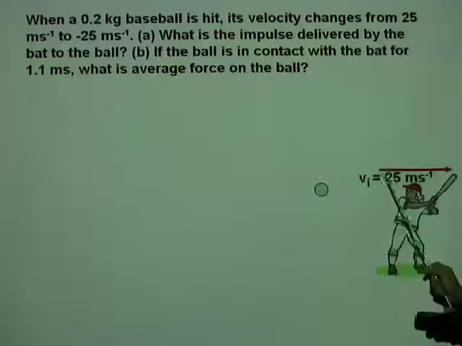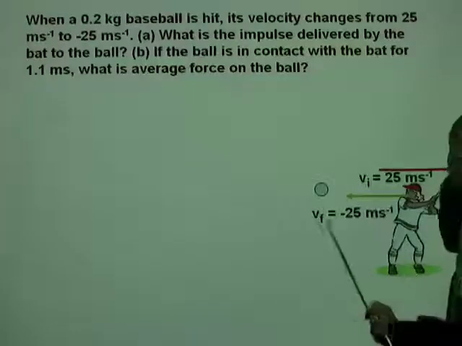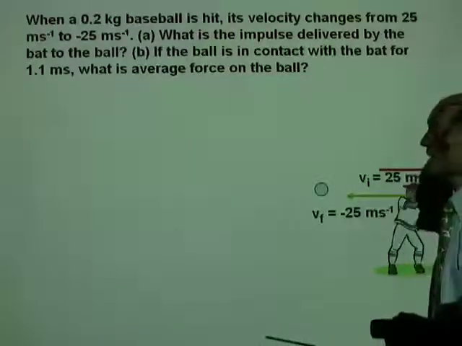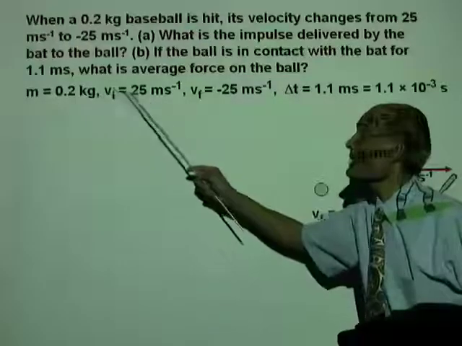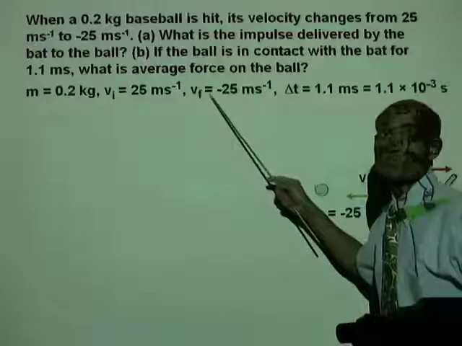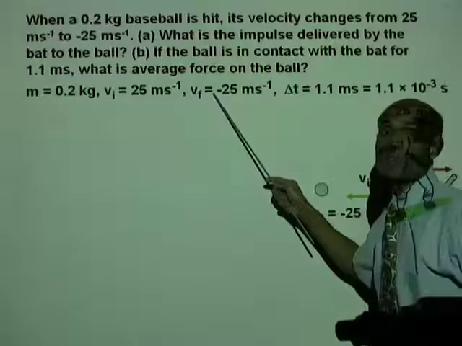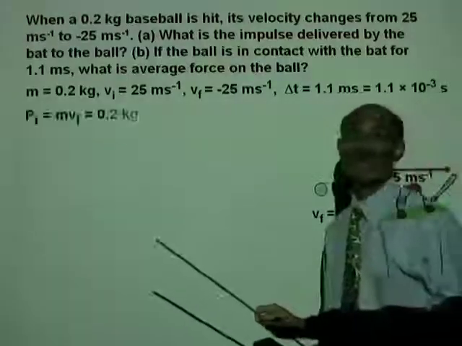Therefore, the initial velocity is 25 meters per second and the final velocity is negative 25 meters per second. The mass of the ball is 0.2 kilogram.